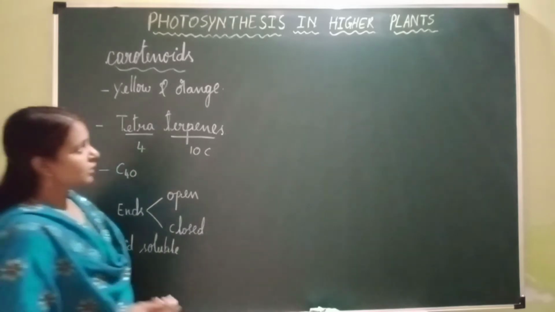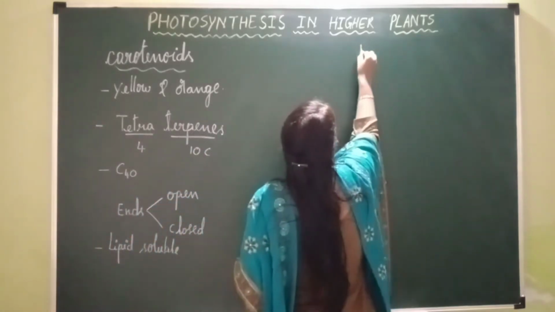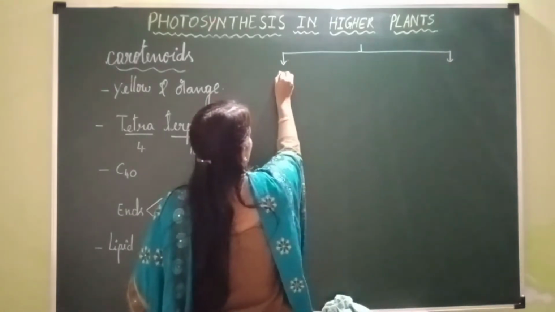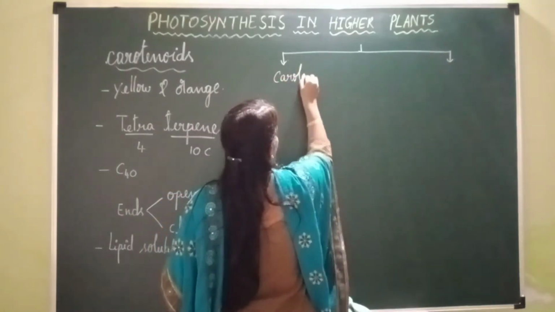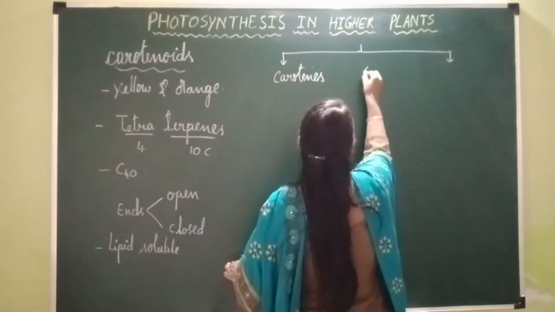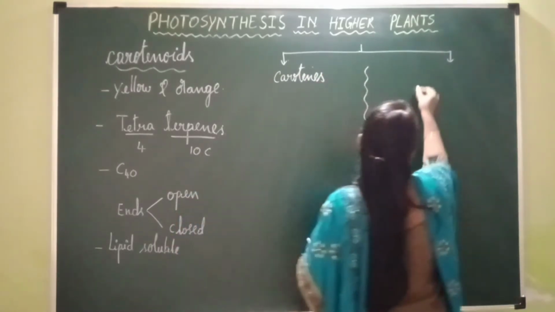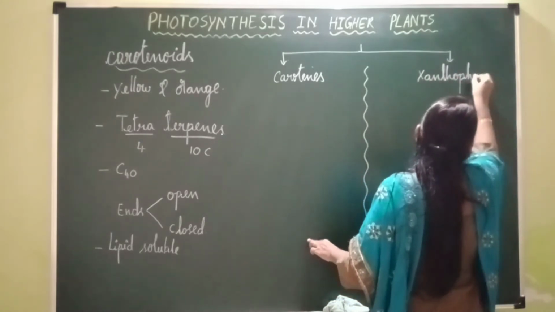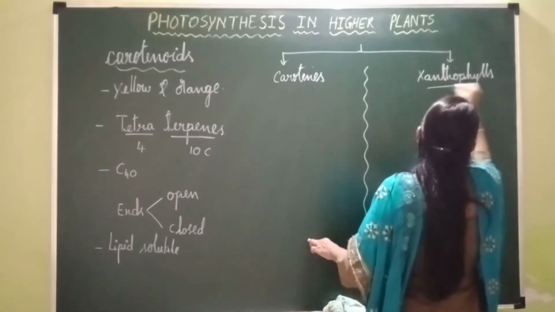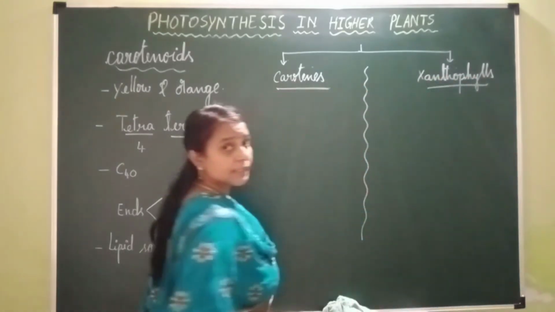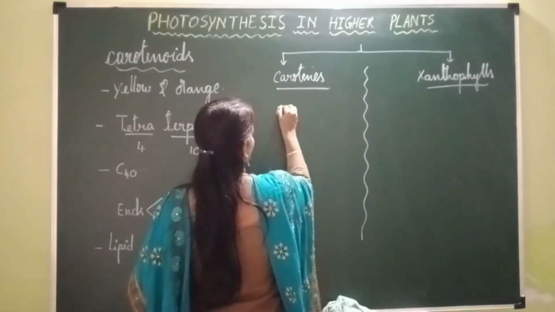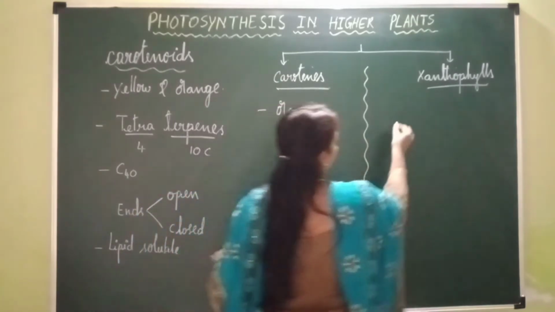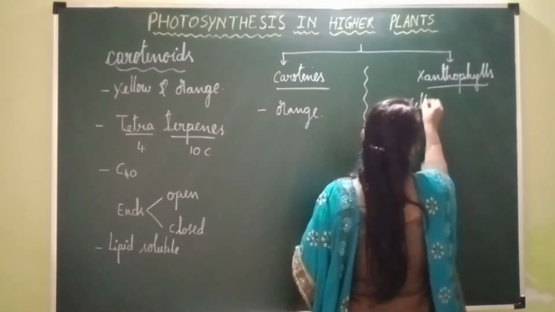These carotenoids are of two types: carotenes and xanthophylls. Let's make a comparative study of carotenes and xanthophylls. Carotenes are orange colored, whereas xanthophylls are yellow colored pigments.